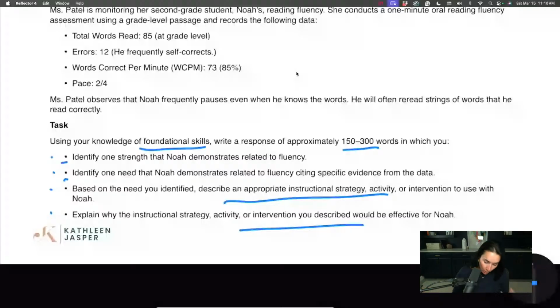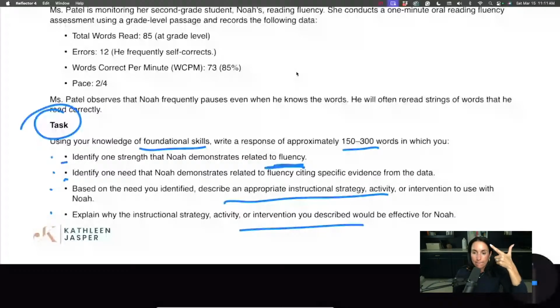Okay. So another thing, did I just work backwards? Yes, I did. Don't start up at the top at the scenario and then go to the task. Start with your task. And here's why. We're talking fluency. Why would you read first? I'm going to come up with fluency strategies in my head.